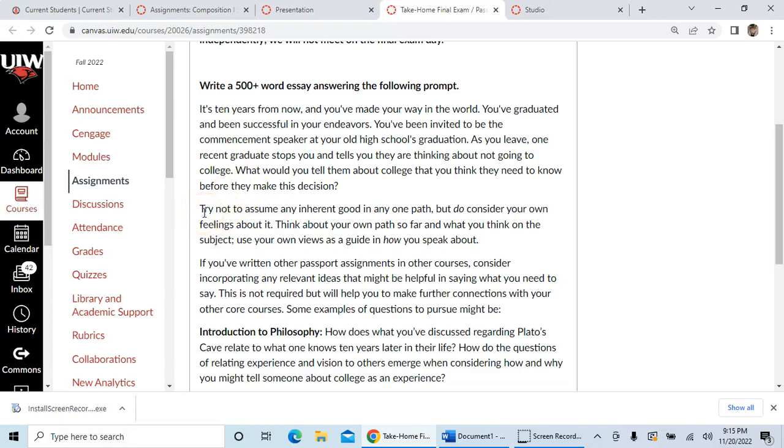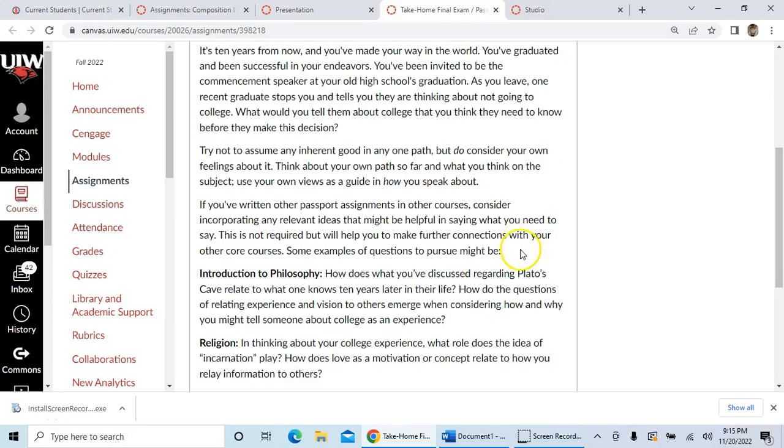Try not to assume any inherent good in any one path. Do not consider your own feelings about it. Think about your own path so far and what you think on the subject. Use your own views as a guide in how you speak about it.